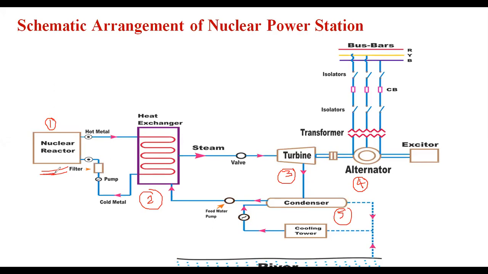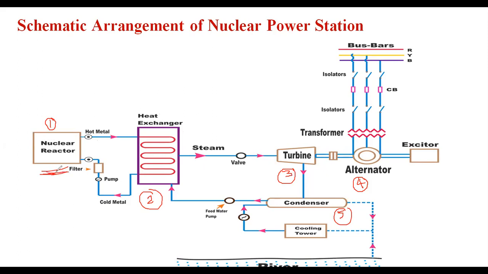The shape is cylindrical. Here the nuclear fission process takes place. Whenever fission occurs, the energy released in the process is sent to the heat exchanger. There, steam at high pressure and temperature drives the steam turbine.